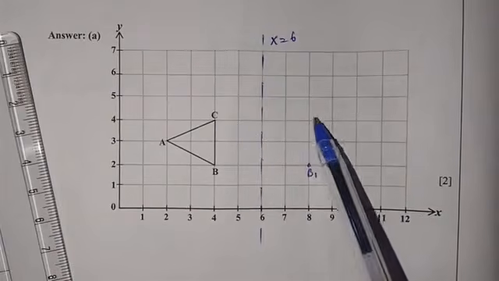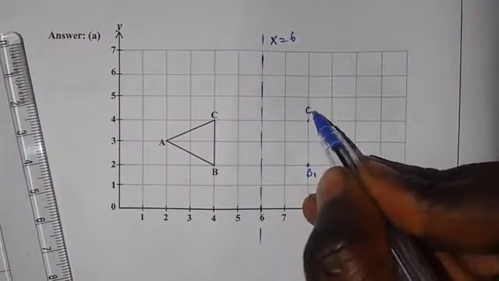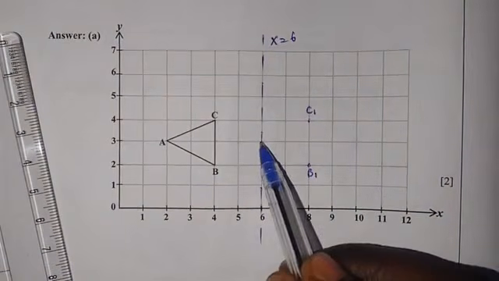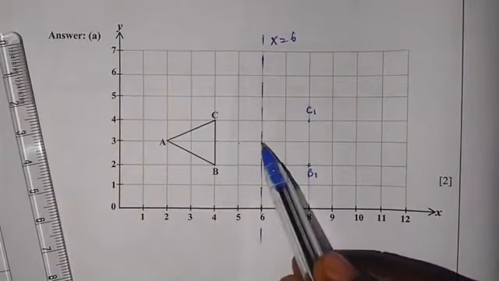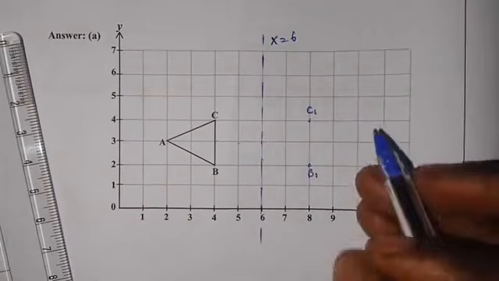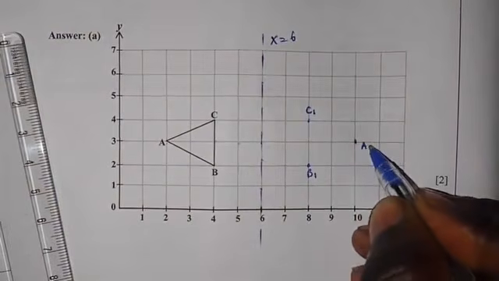So you come here, 1, 2. So this is where we are going to have C1. Then you come from here, 1, 2, 3, 4. So you count from here, 1, 2, 3, 4. So I hope it's clear there. So this is where we are going to have A1.